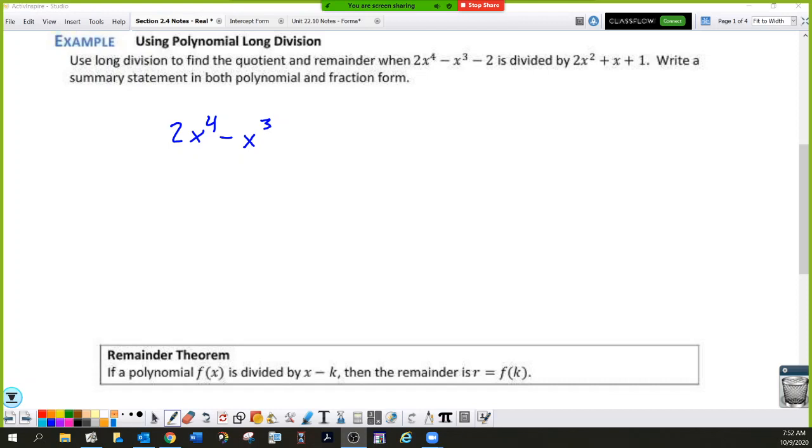So after the x to the third, I do need an x squared term. Mr. M, I don't have an x squared term. You are right, so call it 0x squared. And you also don't have an x to the first term, so call it 0x. Then you do have a minus 2. Cool. Now let me draw my divisor.